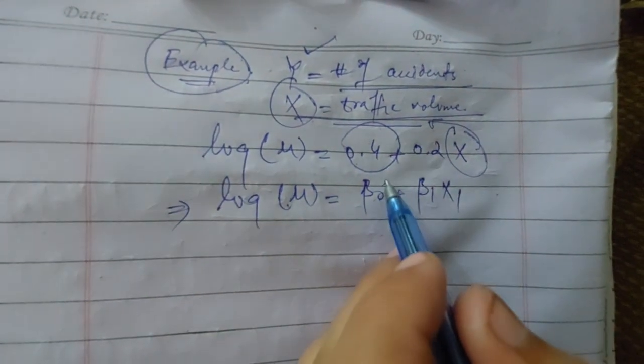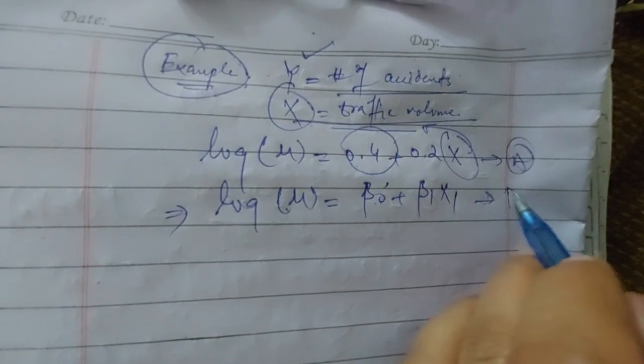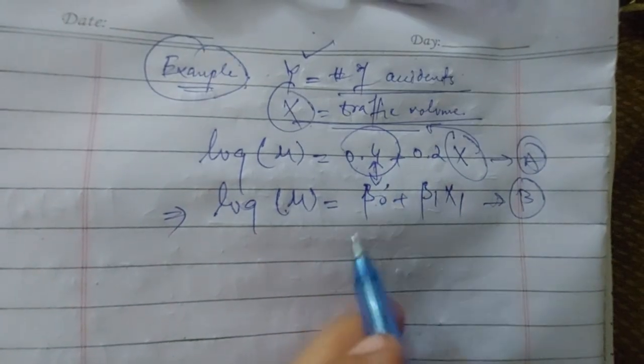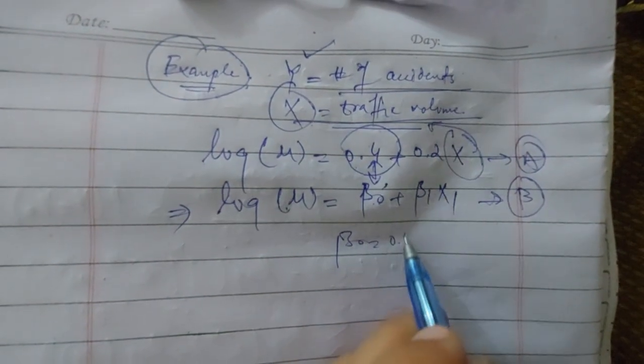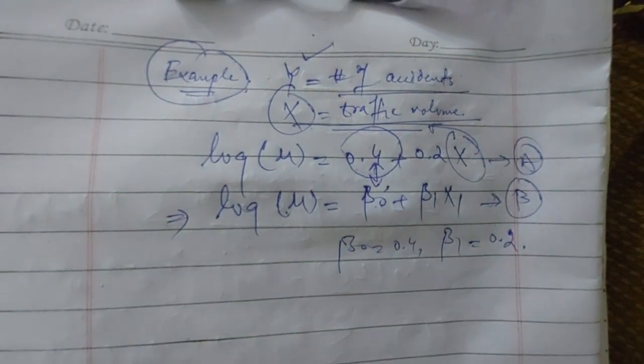If we compare both and correspond them, beta naught here is equal to 0.4 and beta 1 is 0.2.